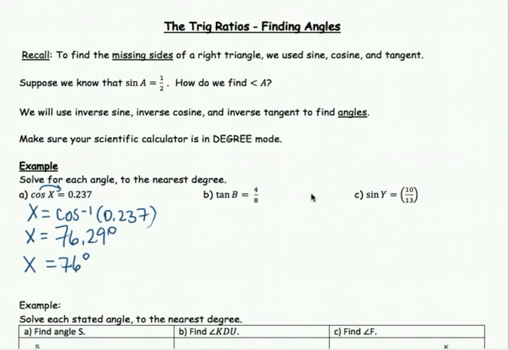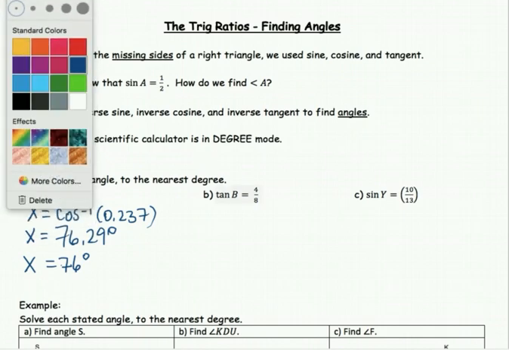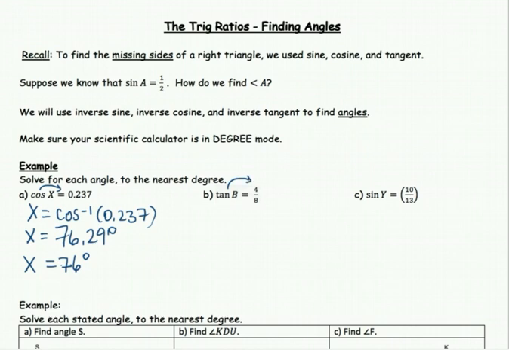So let's try the next one here. We have tangent. Again, we're going to solve for b, the angle there. We're going to move the tangent over here, and when we do that, it becomes inverse tangent.